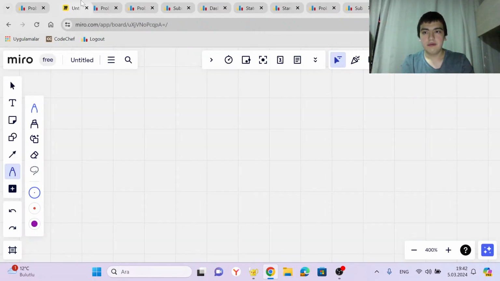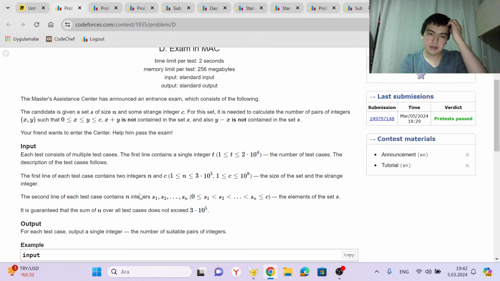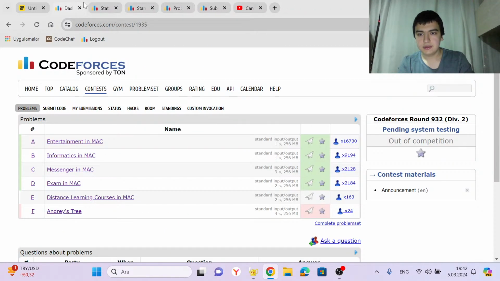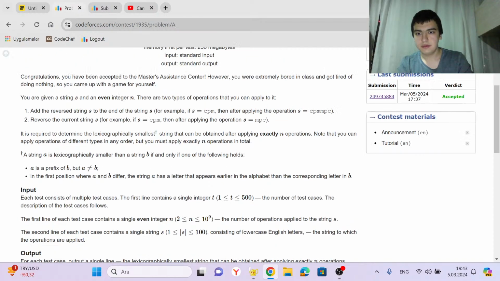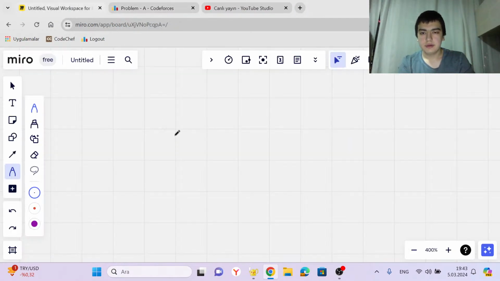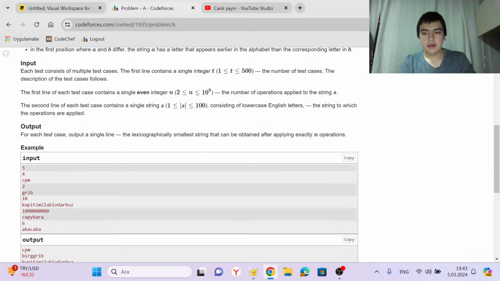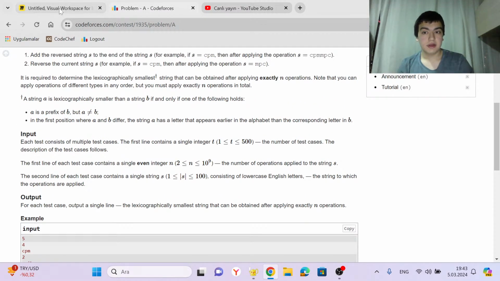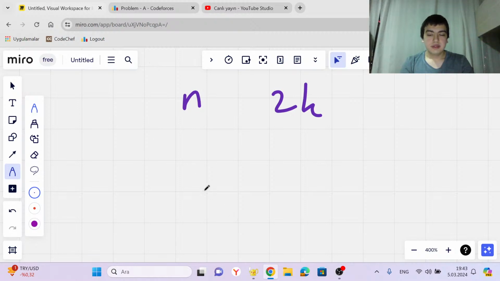Firstly, in this question, I thought that, sorry, let me open the correct question. Let me close these ones and open the correct one. Okay. I thought that if we do 2k operations, since n is even, we can apply the first operation or the second operation. But the smaller string is lexicographically smaller.